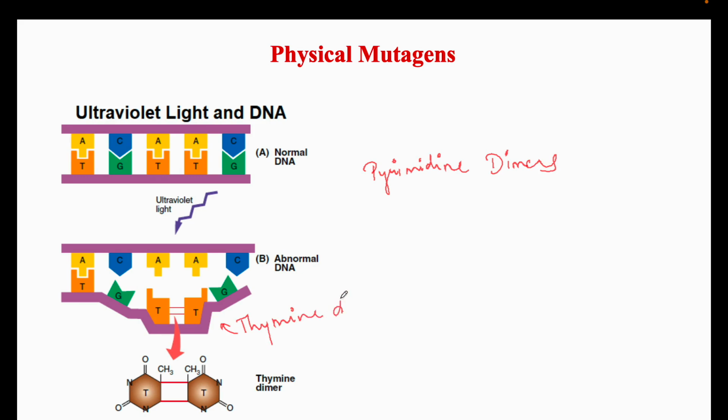So what happens when ultraviolet light falls on the DNA? Adjacent T's form a dimer with each other, like this, and what will happen? There will be an abnormal DNA, and this abnormal DNA will not be stable, and it will lead to breaks in the DNA, and these breaks can be repaired.